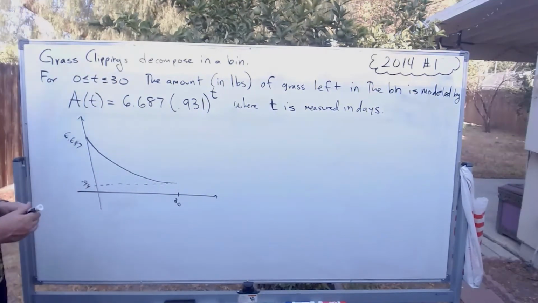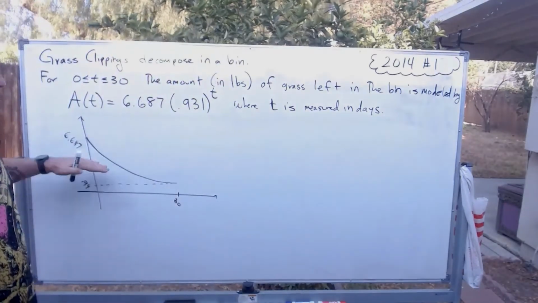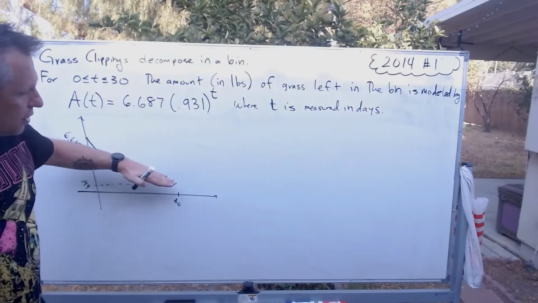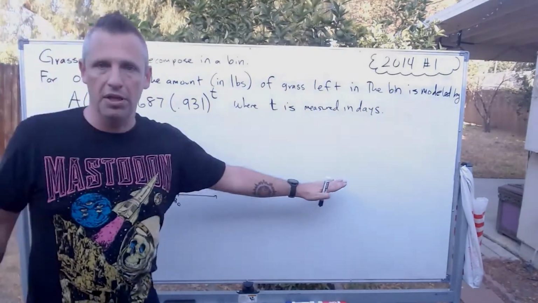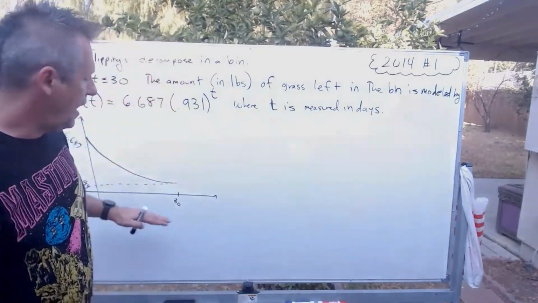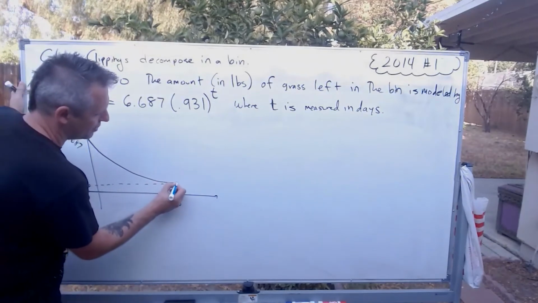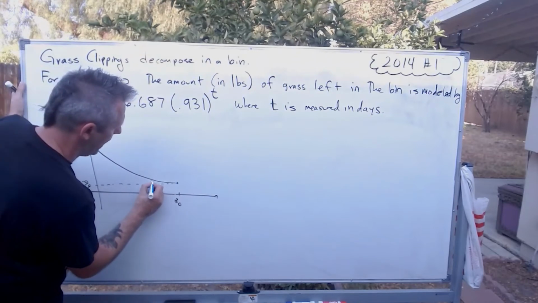I forget exactly what. It then says, after this point, instead of following this exponential curve, which is going to continue to level off forever, approaching 0 but never actually hitting it, it now decides to follow the tangent line to this curve at this point.